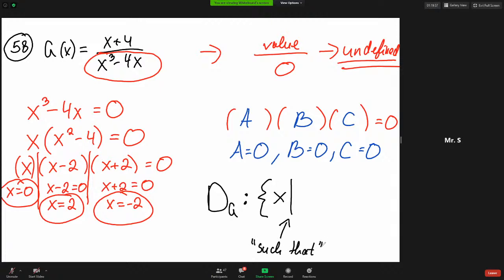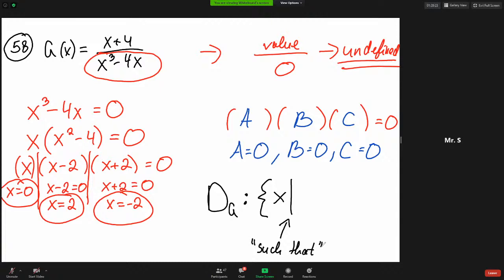And then we want to specify what it is. Because everything we're dealing with for domain are real numbers, we do not have to specifically say x is a real number yet. Later on down the road, you will have to specify x is real, or x is complex, or x is rational.